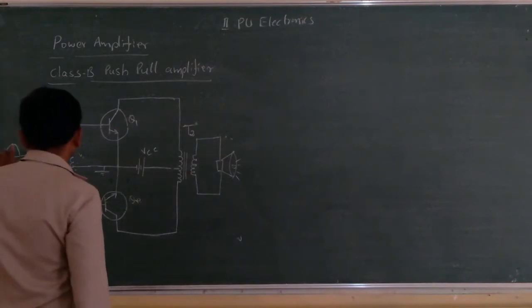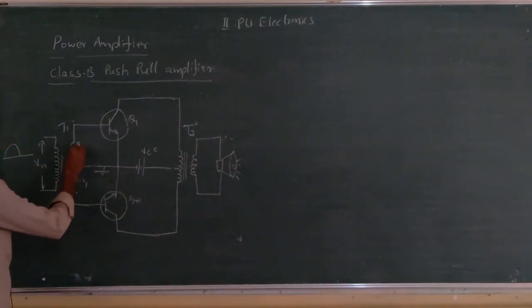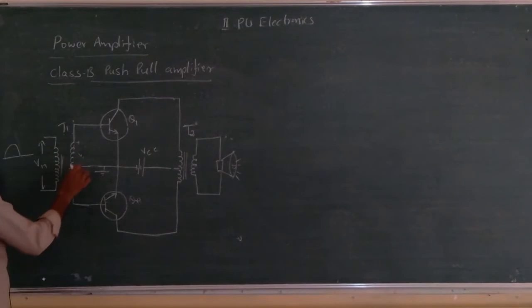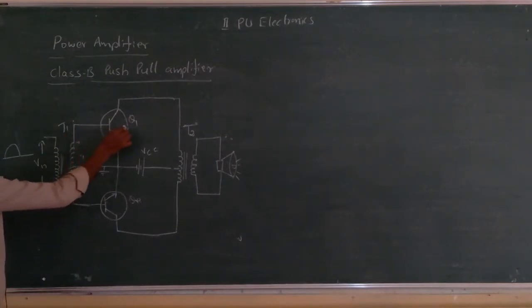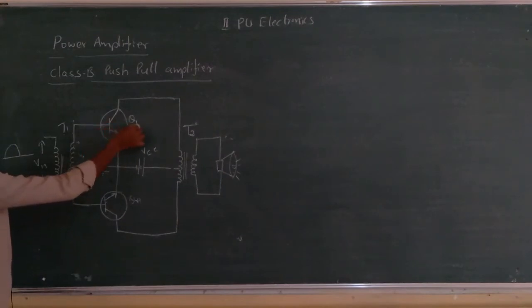During the positive half cycle, the voltage is developed across the secondary of the transformer. There are two voltages developed: positive V1 and minus V1. The positive terminal at the base forward biases the emitter base junction of transistor Q1.